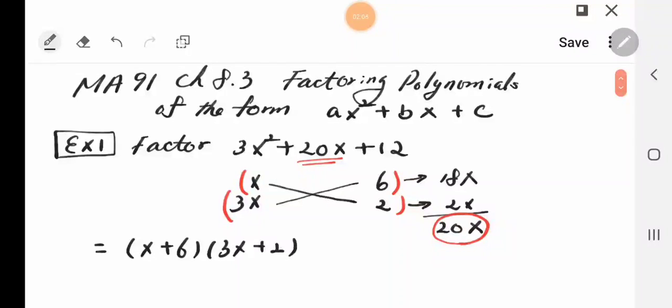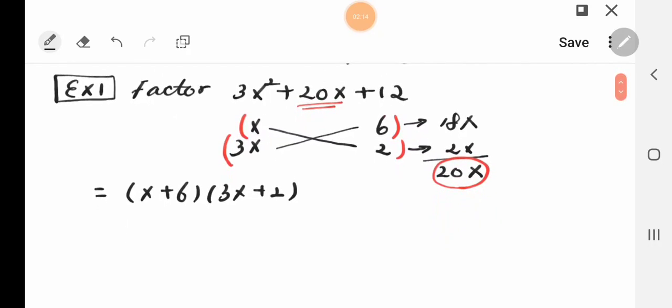Okay, that's the answer. But what if we use a different combination for 12, instead of 6 times 2, use 4 times 3. Let's try that one. The first is x times 3x. If we use 4 times 3, the product is 12, and the cross multiply is 12x and 3 times x, so the sum is 15x.